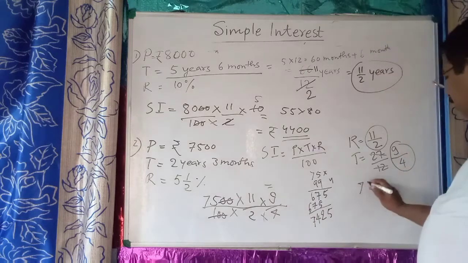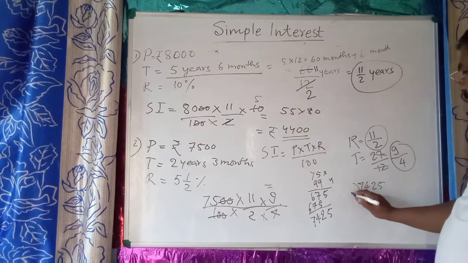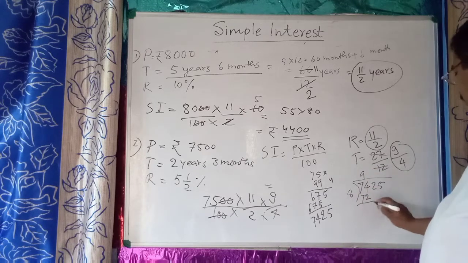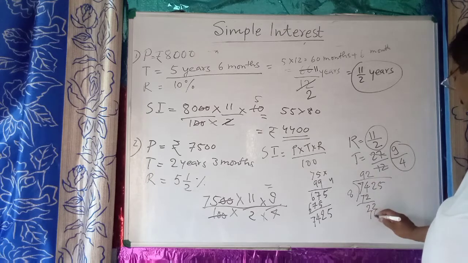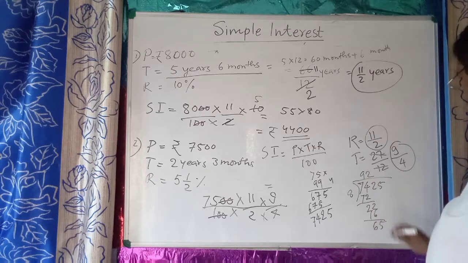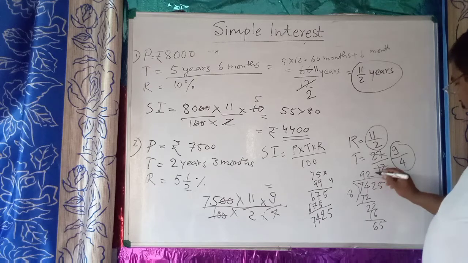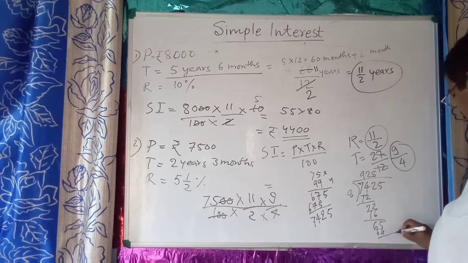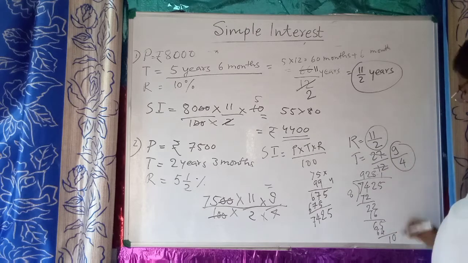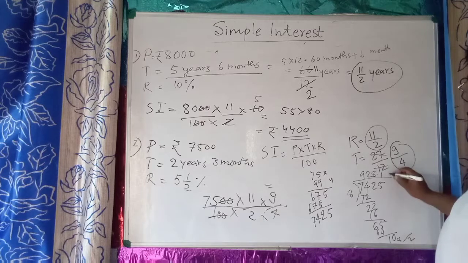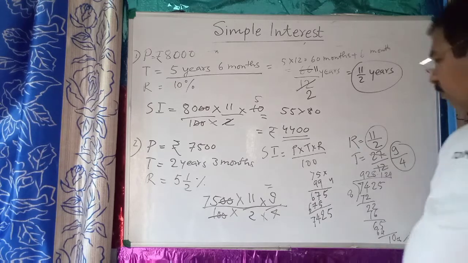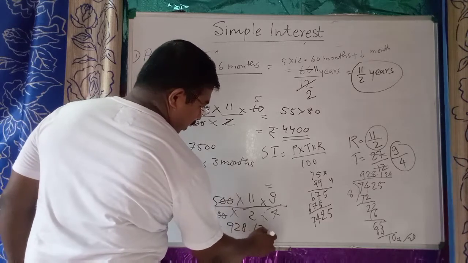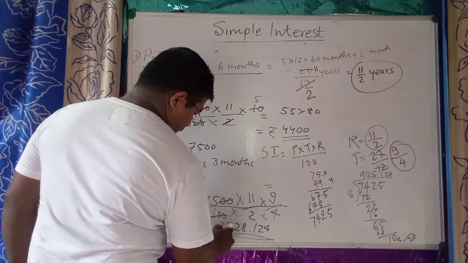Now divide 7,425 by 8. We get the answer 928.125 rupees.